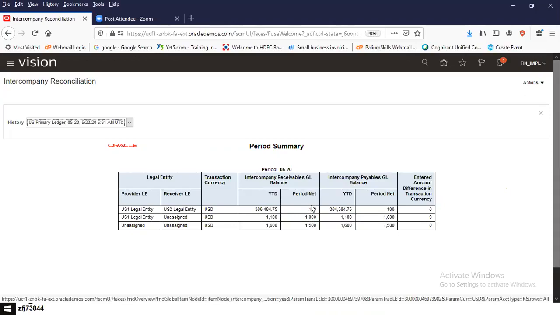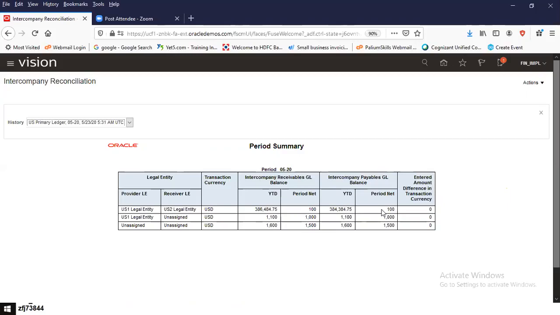So for this period, 100, 1000, 1500 is tallying with the 100, 1000, 1500 accounts between receivables and the payables accounts. So it's easy for you to do the reconciliation and understand where you stand as far as the intercompany transactions are concerned.